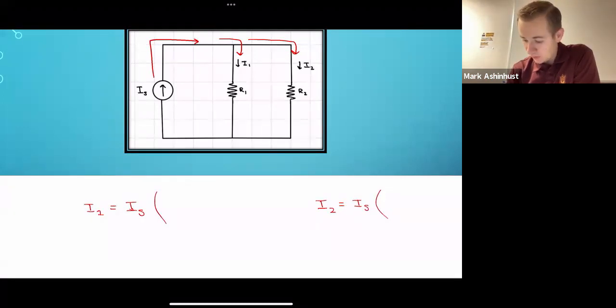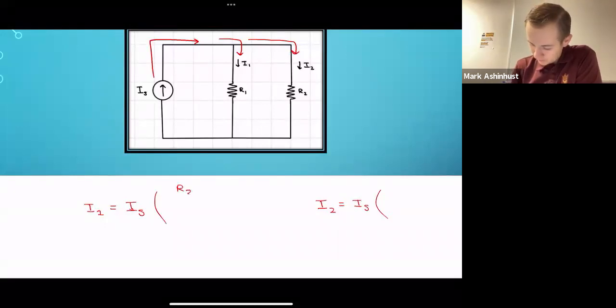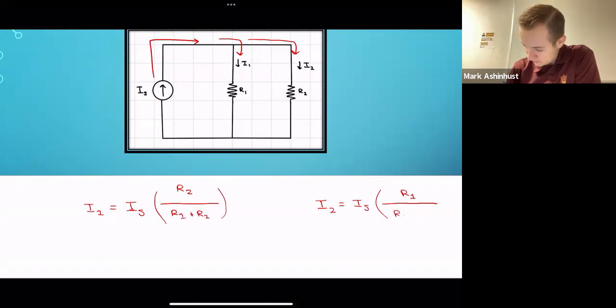I1 goes through R1, so actually it's going to be the opposite: R2 is the numerator. And for I2, the opposite as well, R1. Then we divide by the sum of the 2 parallel resistances, R1 plus R2. And this solves for I1 and I2.